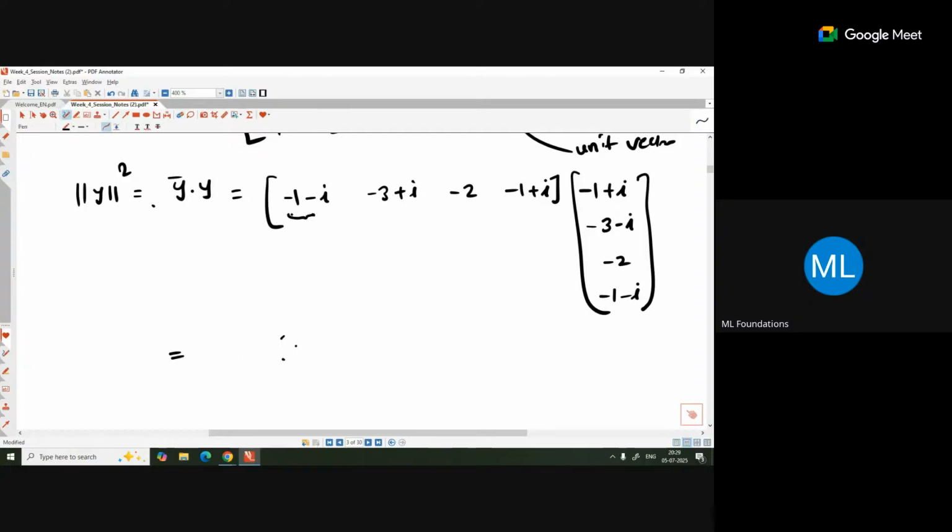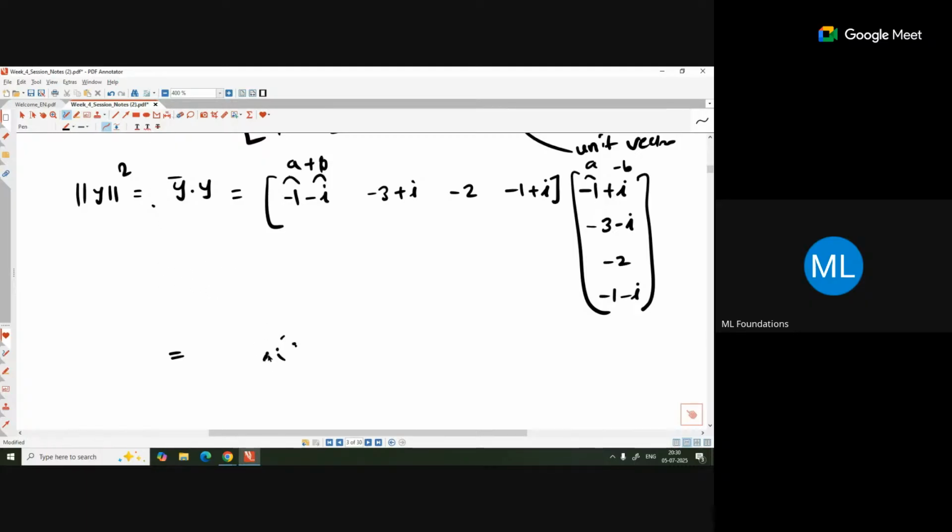I hope all of you understand that. So this is one term, a, and let's say this is b. Here it is a and here it is minus b. So it is kind of a plus b and a minus b, and it will be a square minus b square.